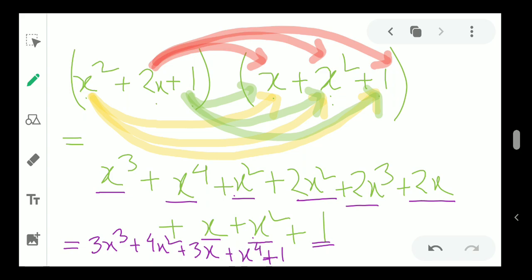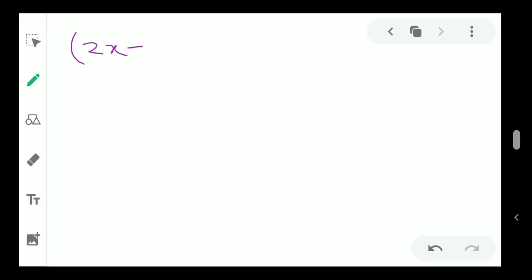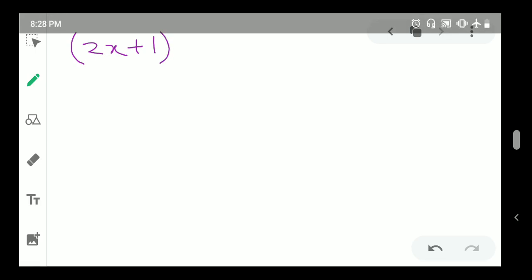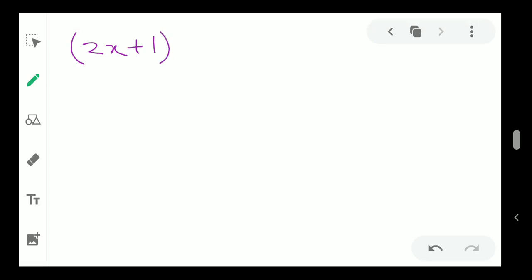Okay, so this kind of math we have to do. So let me give you some small homework, so that you have to use your brain. 2x plus 1, starting with this easiest one, 2y minus 2.